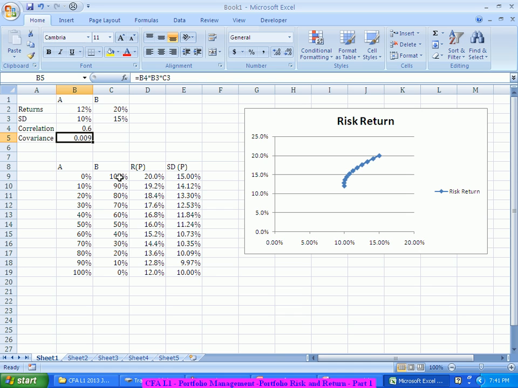You see, 9.97 is possible with a 90-10 combination. So 0.6 should be the correlation. Now if I say 0.5, I am able to bring it down to 9.84. If they are correlated at 0.4, it is coming down to 9.6. So the more I am moving away from 1, I can reduce the risk of the portfolio in a more effective manner. Right? This is one aspect that needs to be looked at.